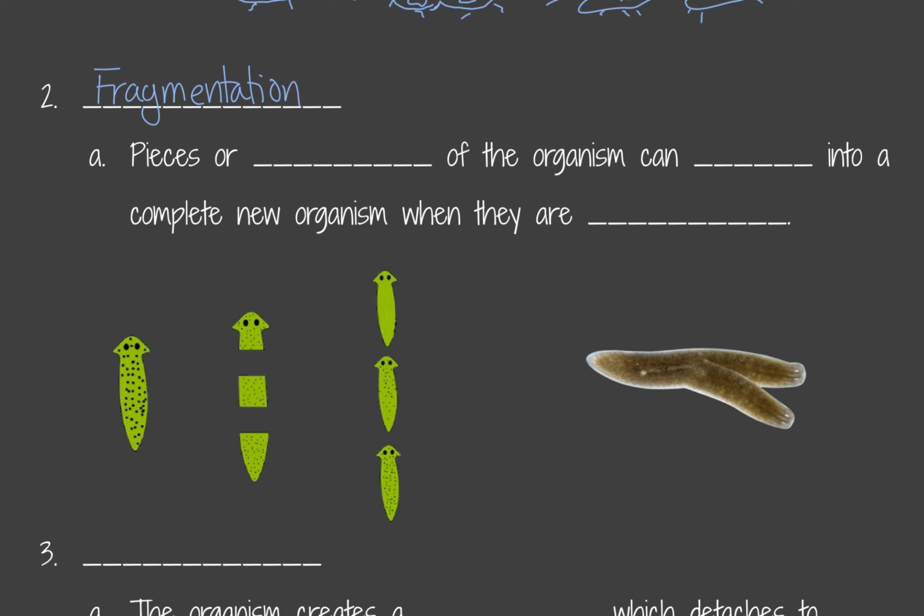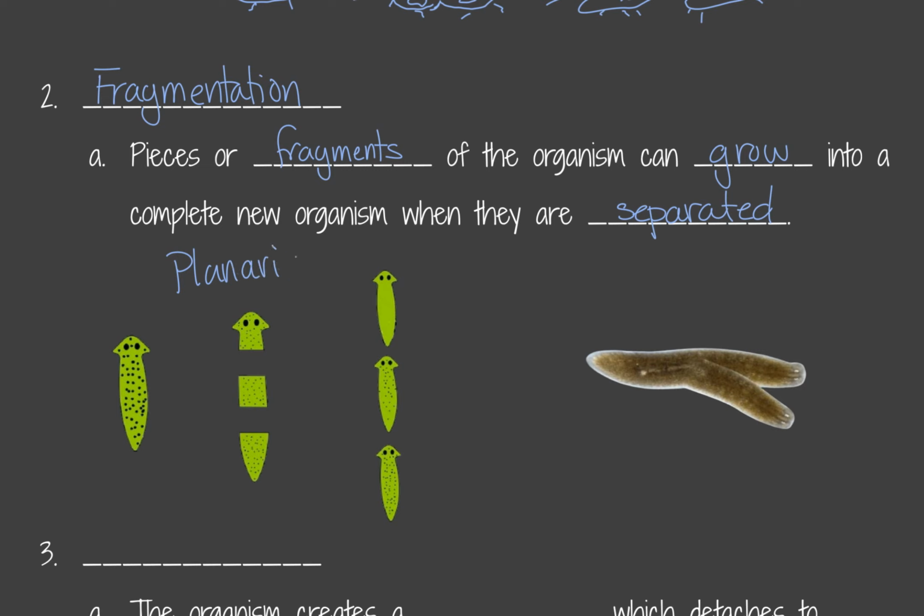So fragmentation is when pieces or fragments of the organism can grow into a complete new organism when they are separated. So a common example of this shown in science classes is something called a planaria, which is a flatworm.